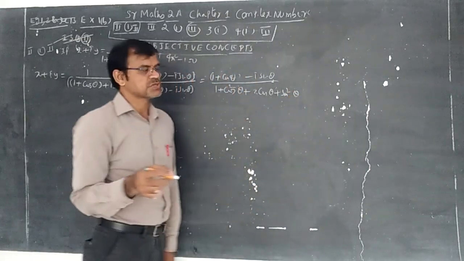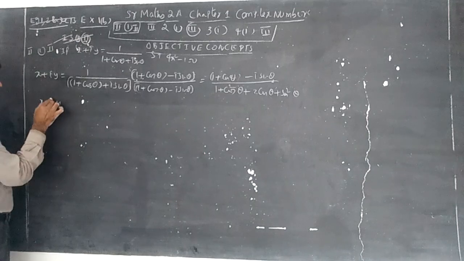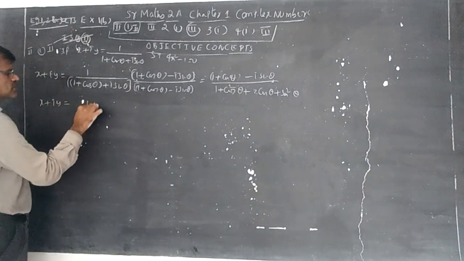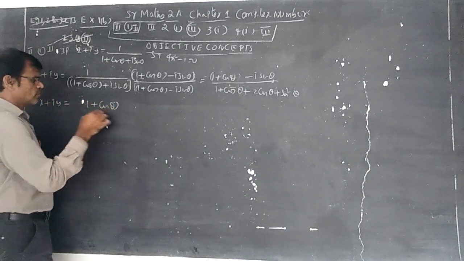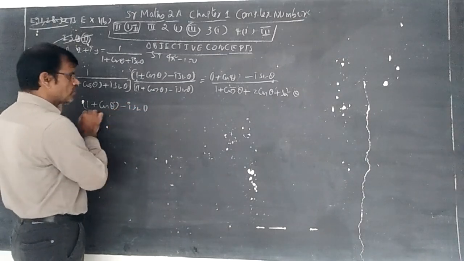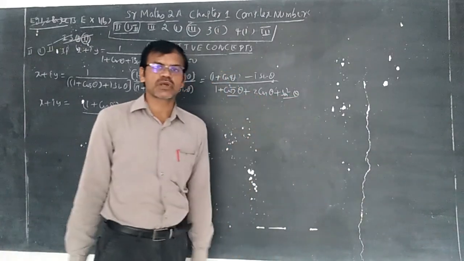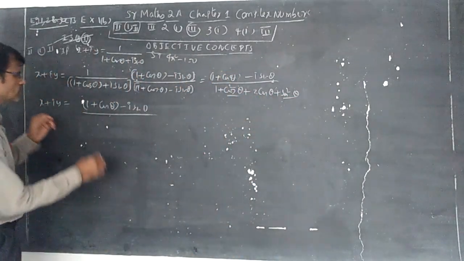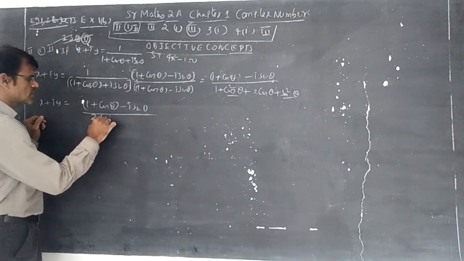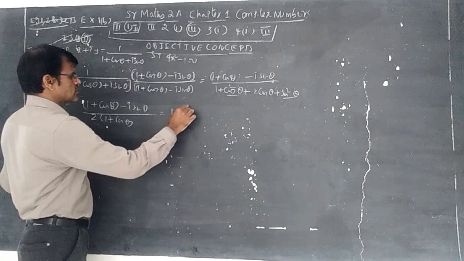So using a square plus b square modulus, x plus iy becomes 1 plus cos theta minus i sin theta whole by 1 plus, this is cos square theta plus sin square theta becomes 1, 1 plus 1, 2, into 1 plus cos theta, you can write 2 into 1 plus cos theta.